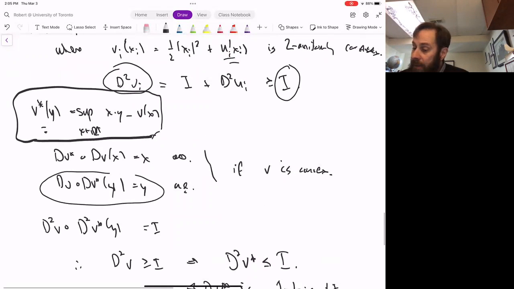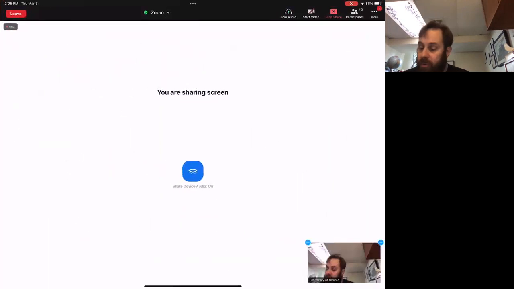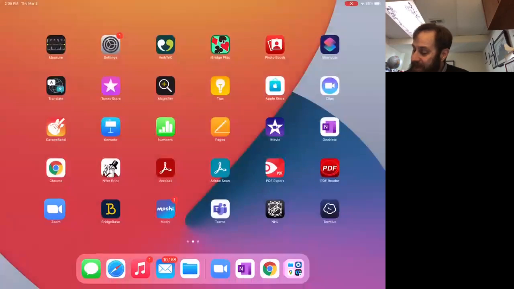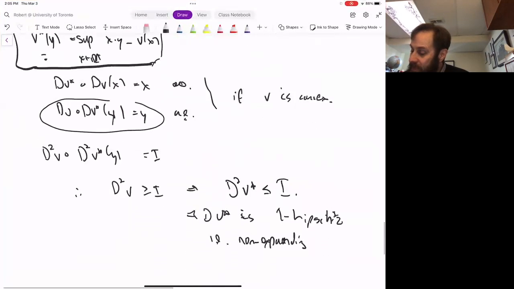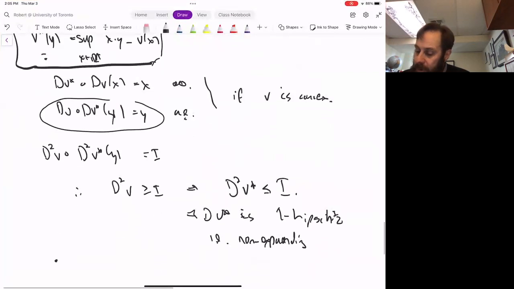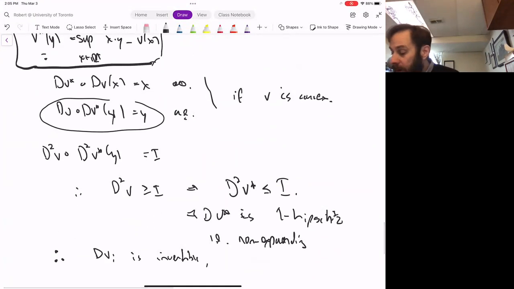And so now I have these m convex functions v whose gradient is therefore dvi is invertible on its range.